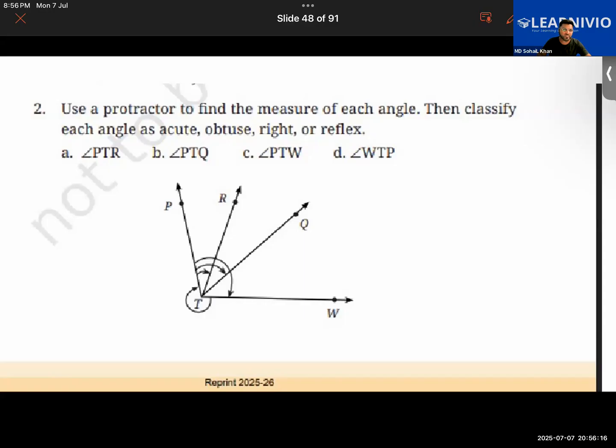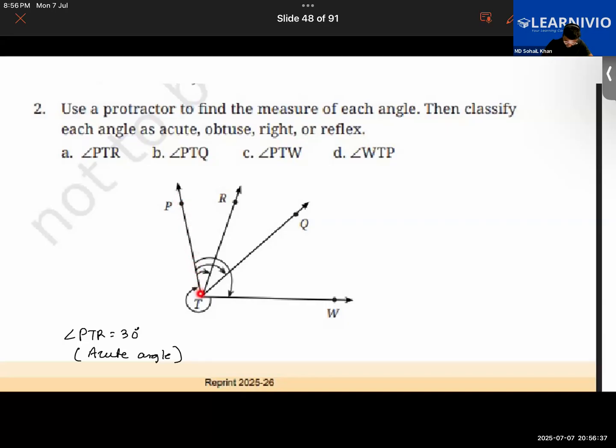Sir, I got the answer. Yeah, tell me. Angle PTR is 30 degrees. Acute. Both of you getting 30 degrees? Yes. So that is an acute angle. Next, we have PTQ.